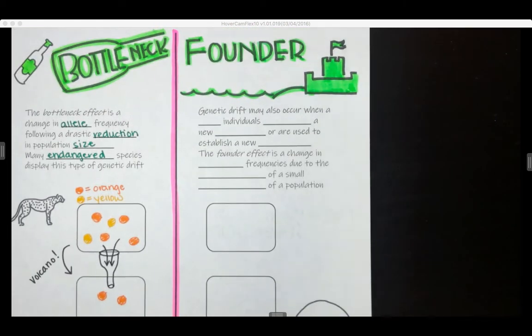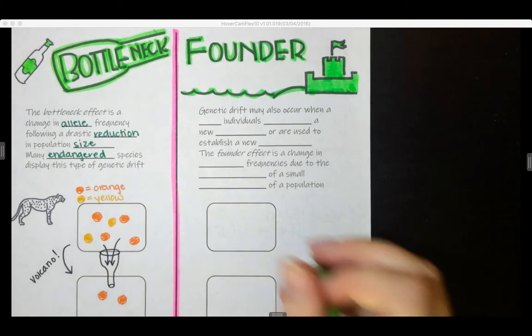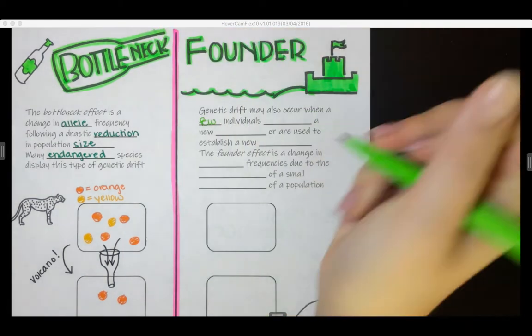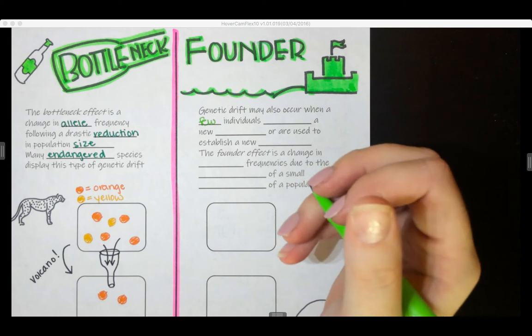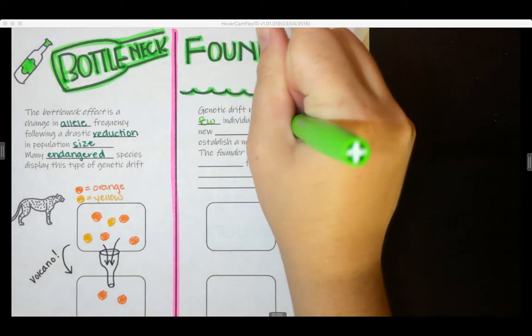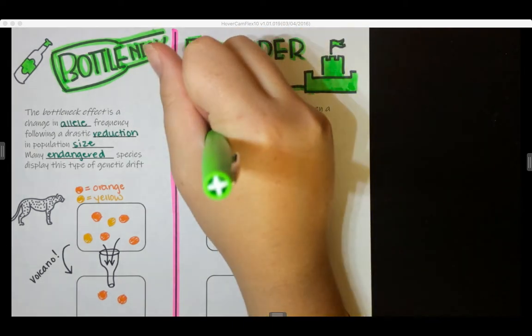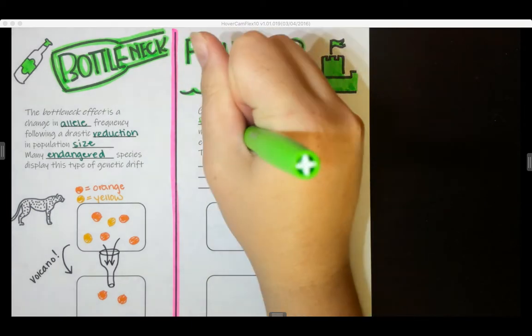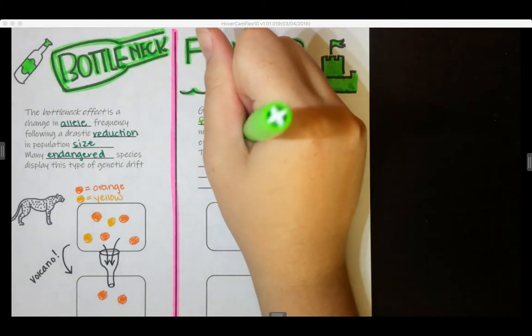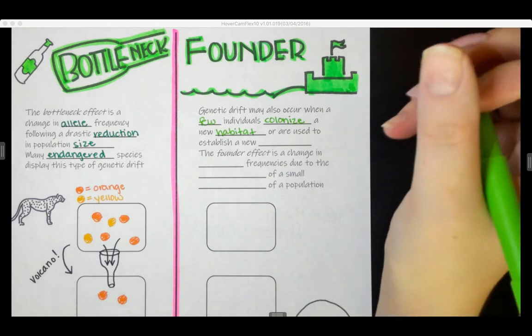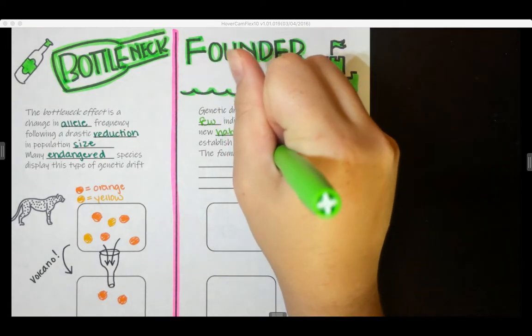So, yeah. Okay, let's move on to the founder effect. So, again, this is another type of genetic drift, and genetic drift can also occur when a few individuals colonize a new habitat, or are used to establish a new population.